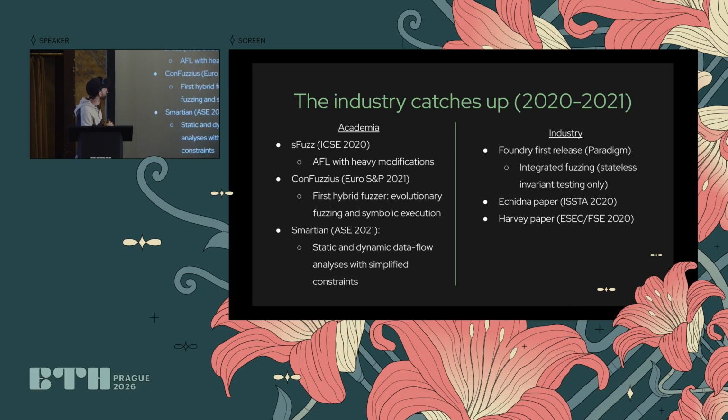So in the next 2 years we have more academic tools, and on the industry side, we have the first release of Foundry, which really started to change the landscape of security tools, because Foundry got really popular, or started very strong.